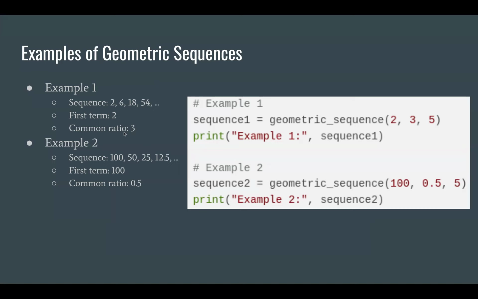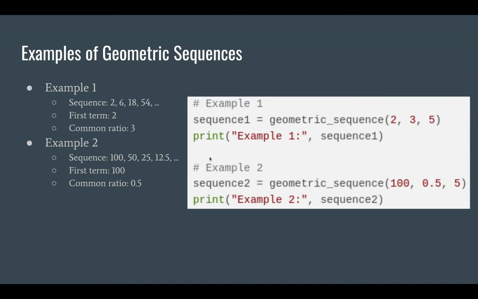You can see that each term is obtained by multiplying the previous term by 3. Here's another example. We have the sequence 100, 50, 25, 12.5, and so on. Here, the first term is 100, and the common ratio R is 0.5. Each term is obtained by multiplying the previous term by 0.5.